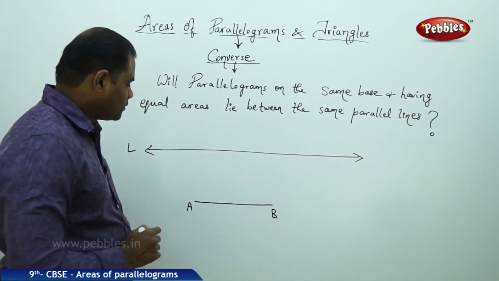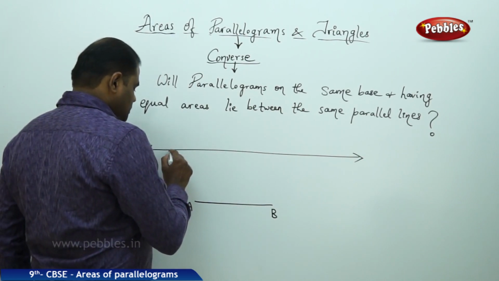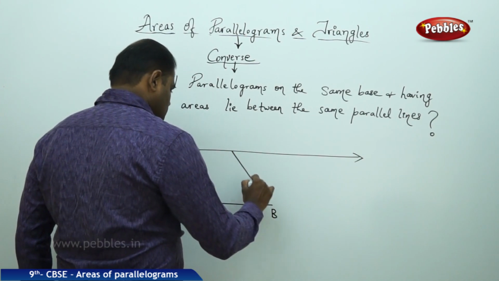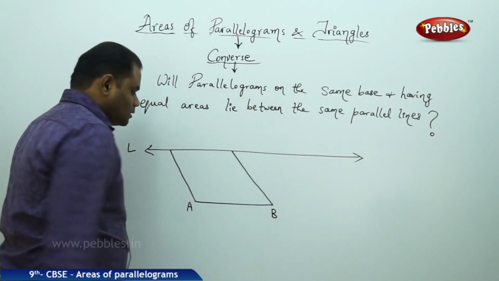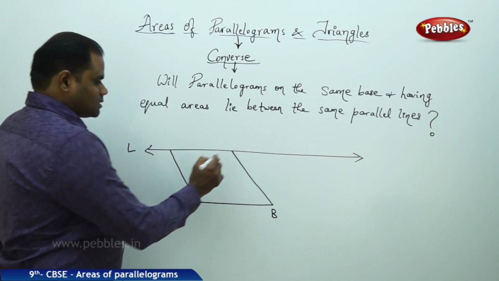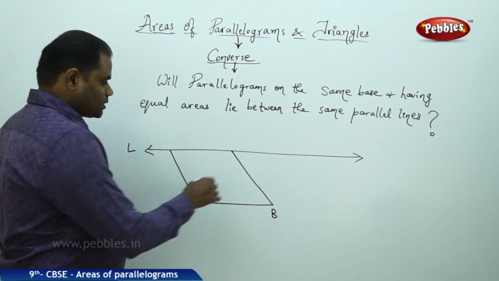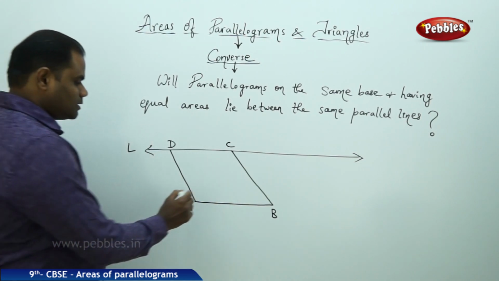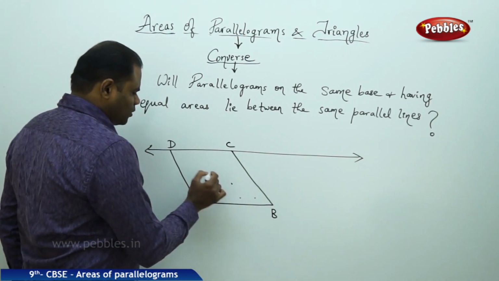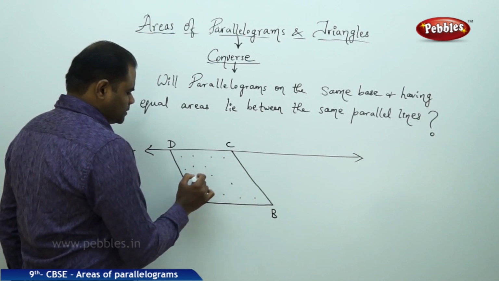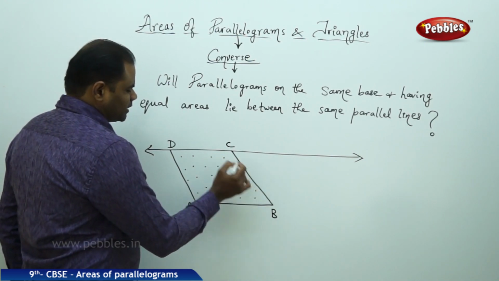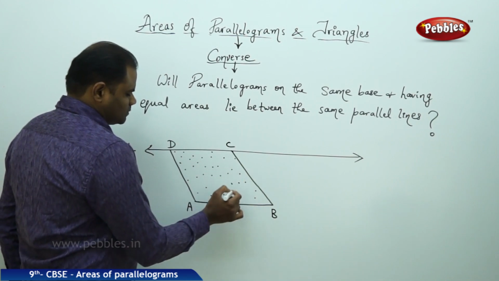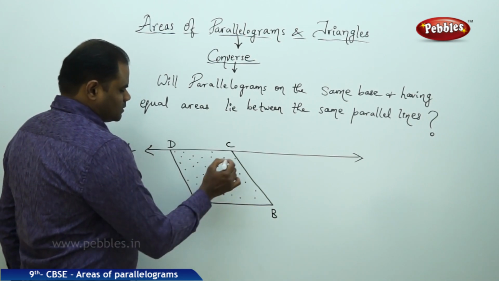Now let me take two parallelograms in this case. One of the parallelograms is formed by the line L, which is A, B, C and D. So ABCD is a parallelogram formed with the base AB and the line L. So here is the parallelogram.